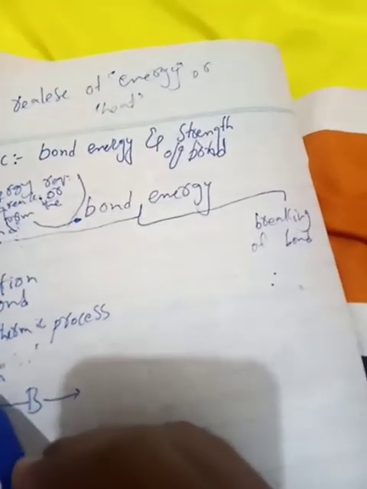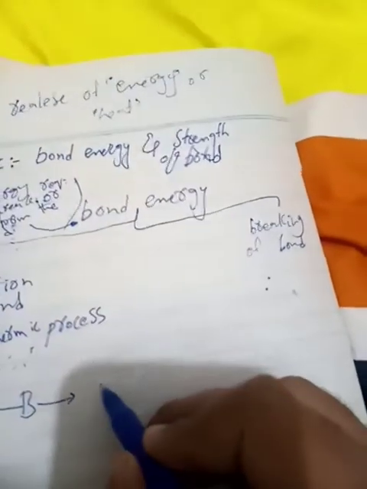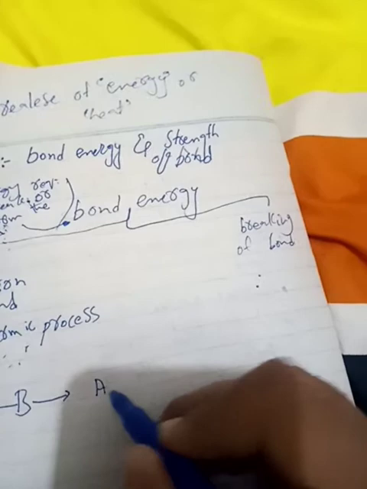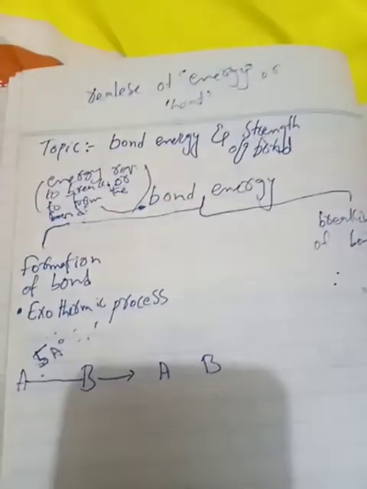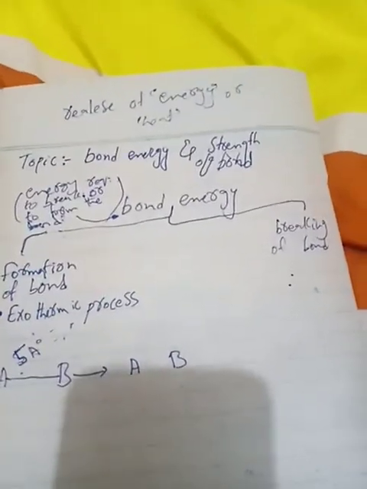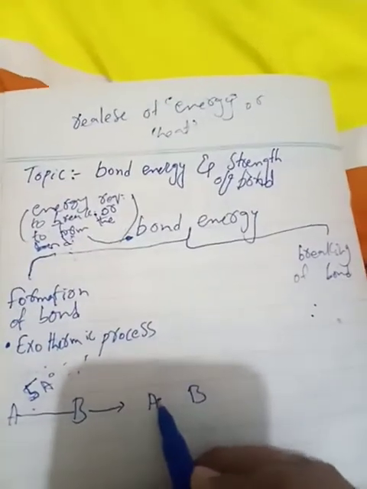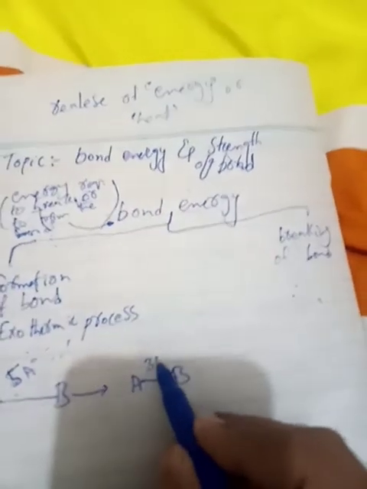Angstrom is the unit of distance. They will try to attract each other with energy and decrease the distance between each other. Now for example they are at a distance of 3 angstrom.